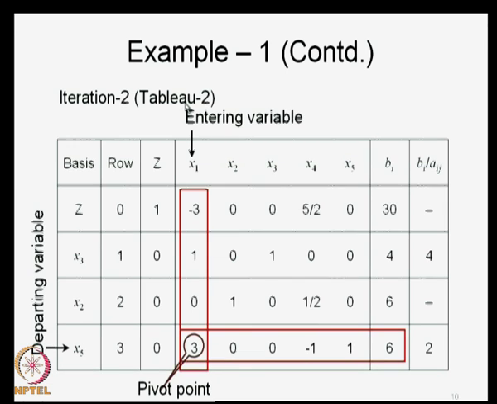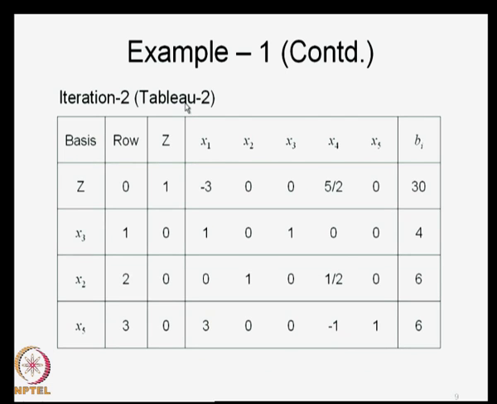This is iteration 3. Let us look at iteration 2 now. Which are the basic variables? x3, x2 and x5. So, x3 under x3 will have 1, under x2 it will have 0 and under x5 it will have 0.